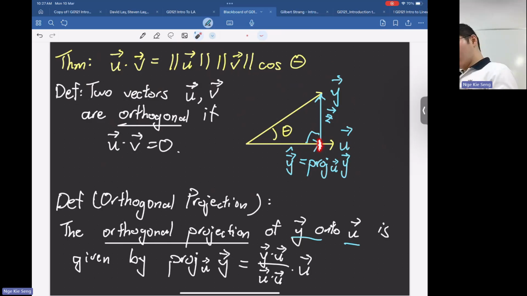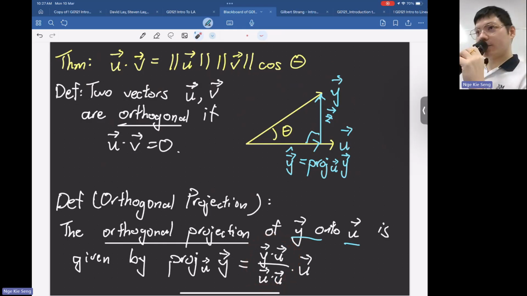So how long do you need to take? What's the scalar you need to take here? It's based on the ratio of these two dot products here. I think this formula is easy to remember. How to remember?